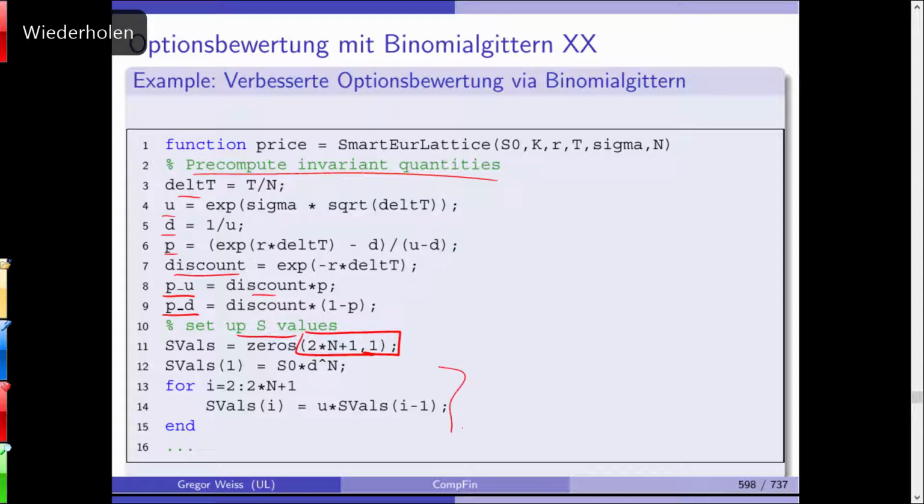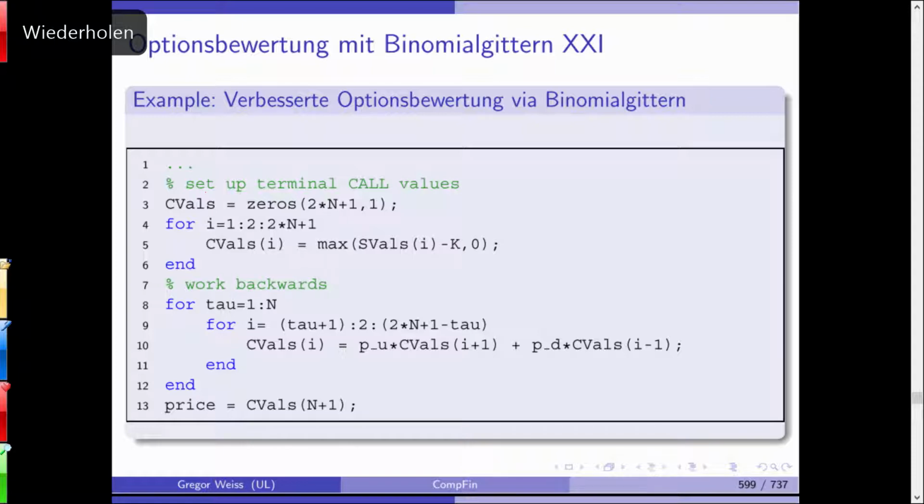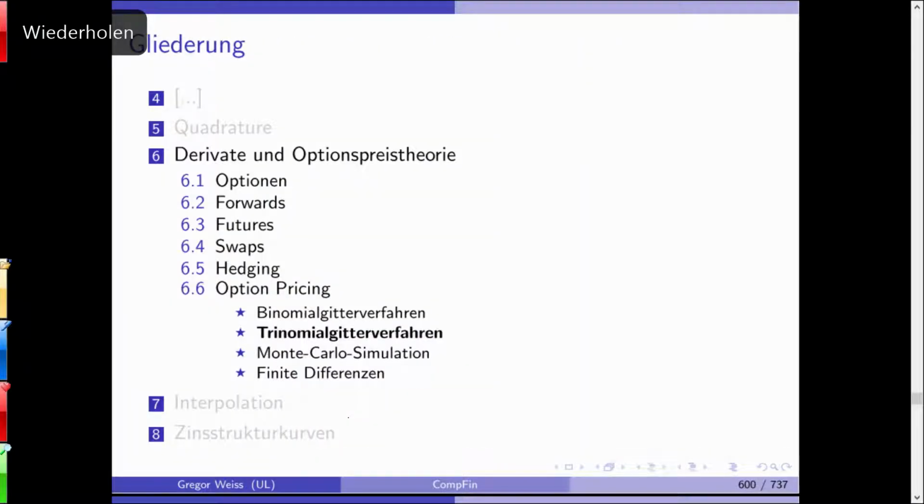And then it's quite simple, and it looks slightly different, but it's the same result. It's just faster and uses less memory. Now, the price again is the last value of this vector and not C or lattice 1, 1, the 1 point in the matrix, but it's a vector.